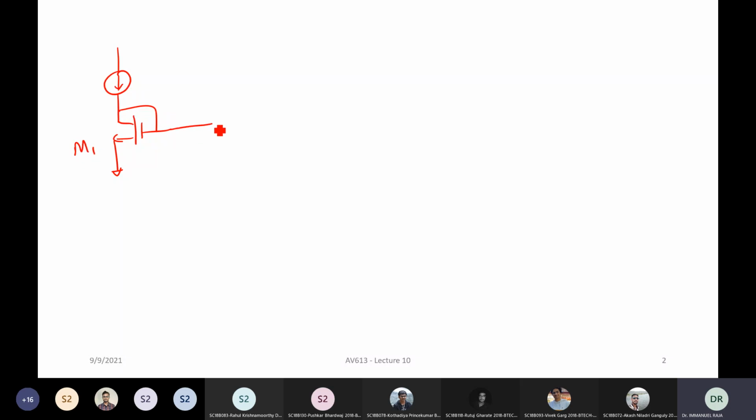So this is M1, this is M2, and you're putting another transistor M3 here, biased such that VB is equal to VGS3 plus the VDS of M1, which turns out to be VGS1. So the systematic offset problem is solved, and we started off with the calculation of output impedance.